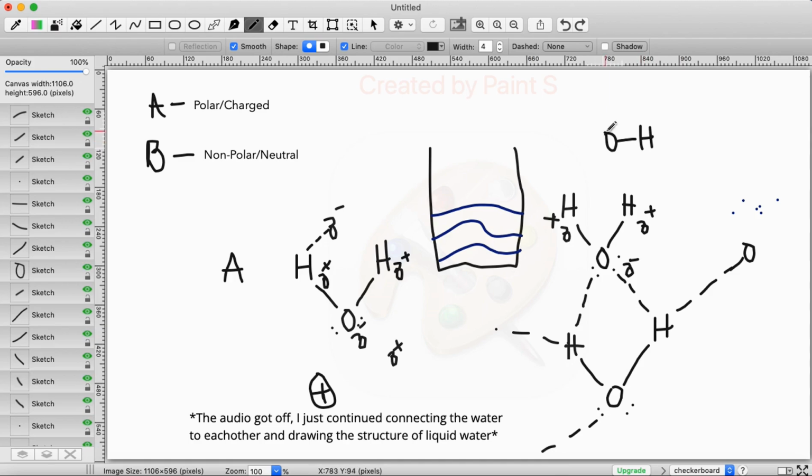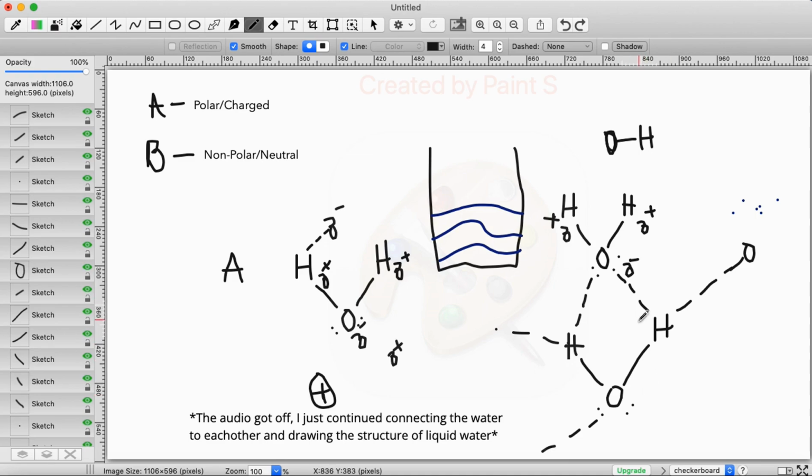Water is a very strong substance. It really likes to stay together, and this interaction between water molecules is called hydrogen bonding.